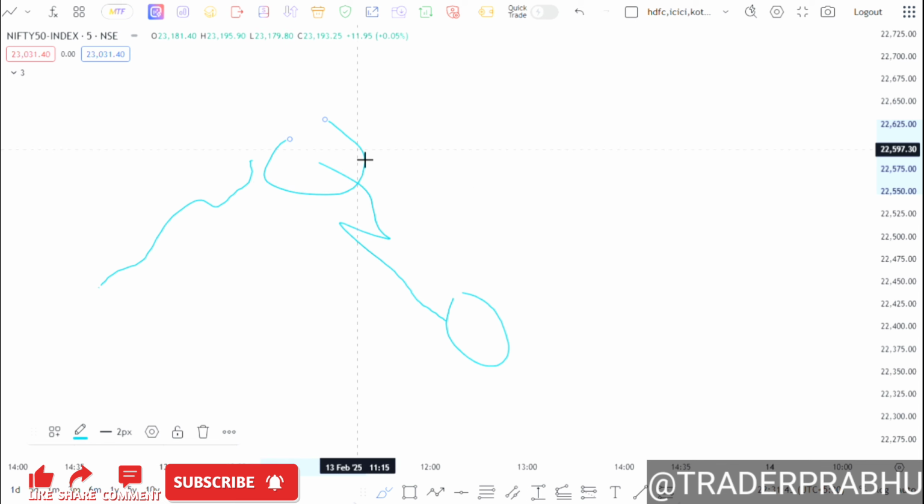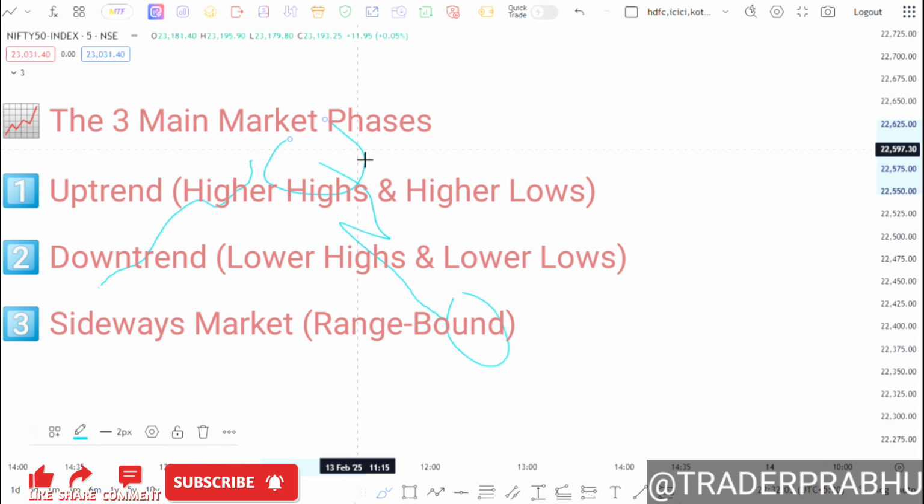Just like a driver needs signs to know where to go, traders need market structure to understand price direction. Now, let's break down the key elements of market structure. There are three main market phases. Every market moves in three phases: uptrend, downtrend, sideways.